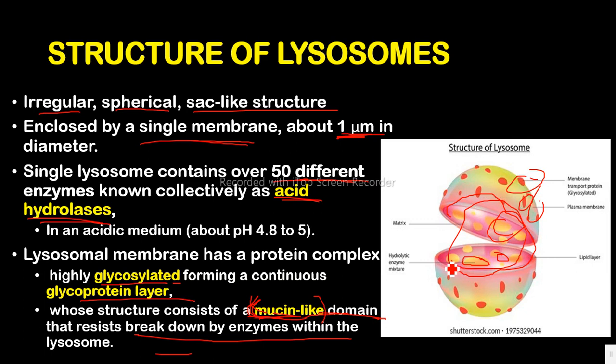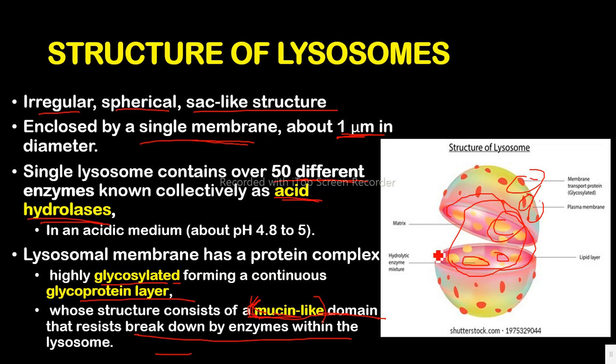It's like the mucus that surrounds the gut, the stomach, to prevent the action of pepsin. It is analogous to the same mucus which surrounds the sac of these lysosomes to prevent these enzymes from breaking the sac itself.